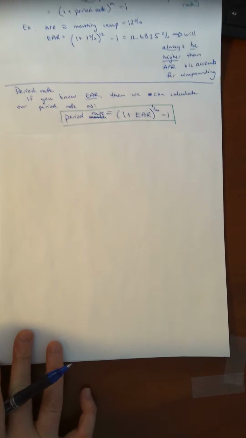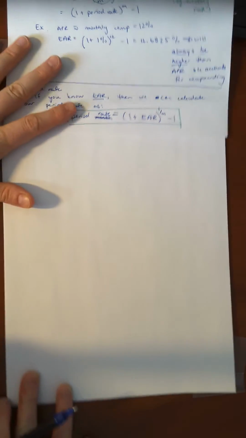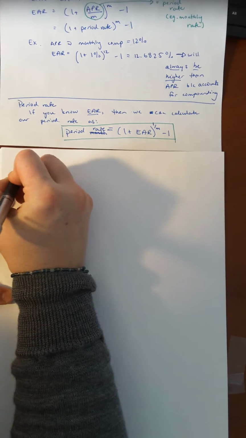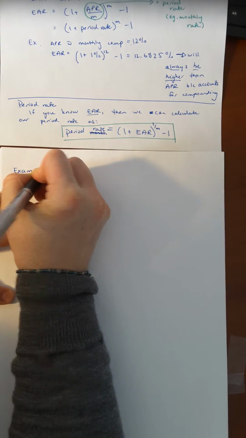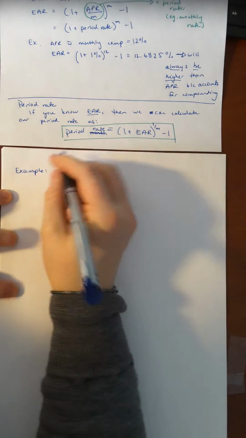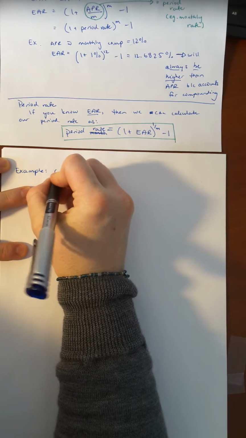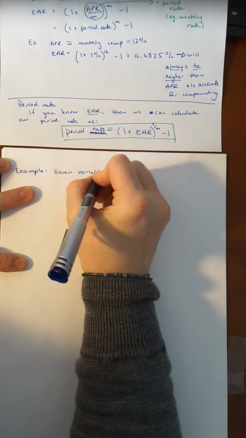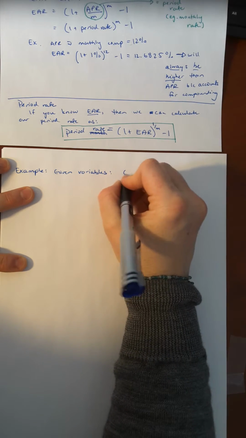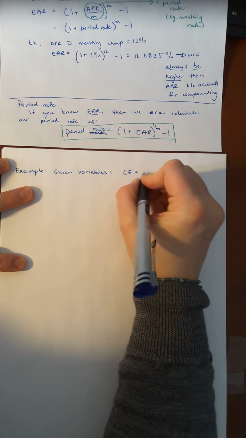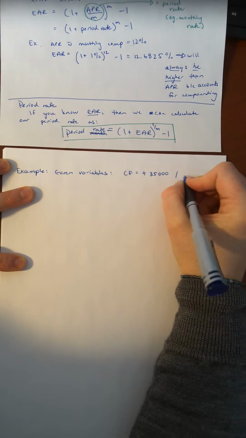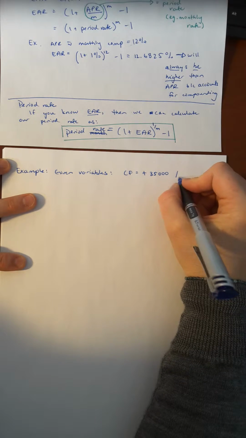Okay, so I'm going to do an example now that applies all of this together. I'm given a certain set of variables. My cash flows that I earn are positive 35,000 per month.